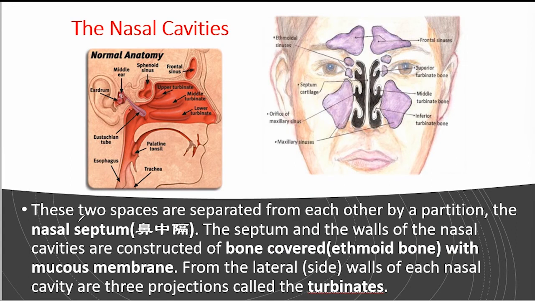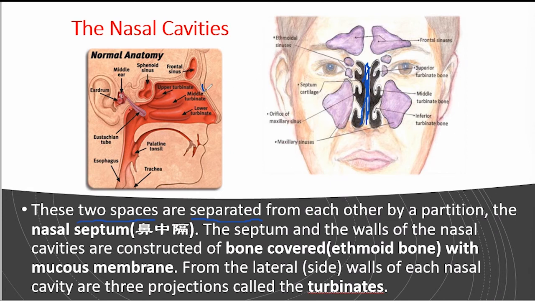We say we have two spaces there, separated by another structure we call the septum. By this septum the nose is separated into two cavities. So that's basically our nose.